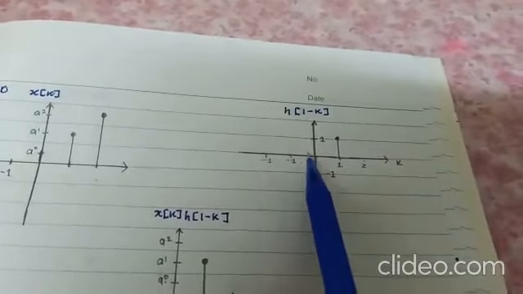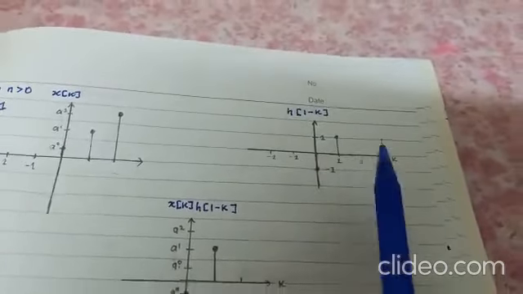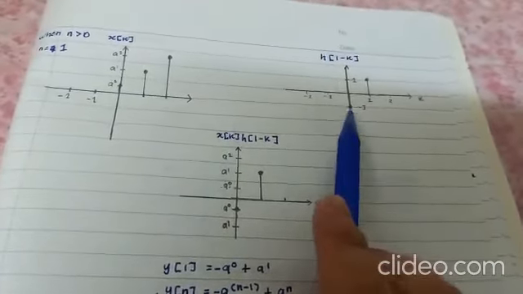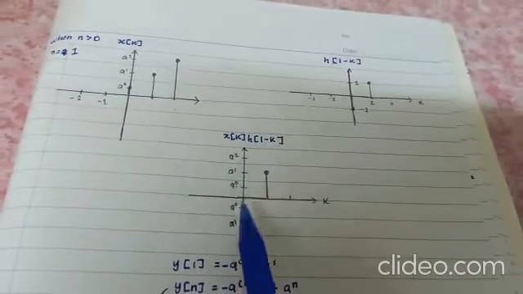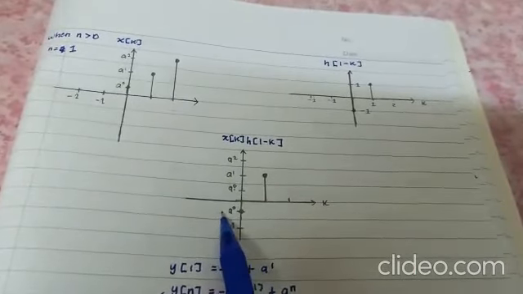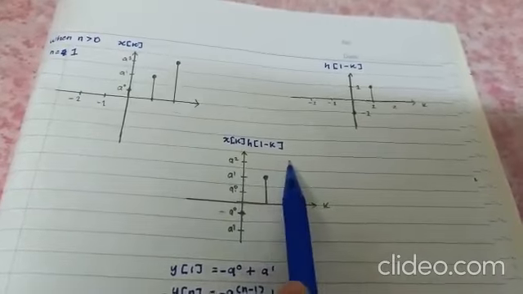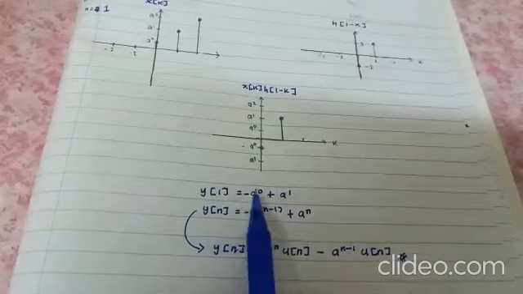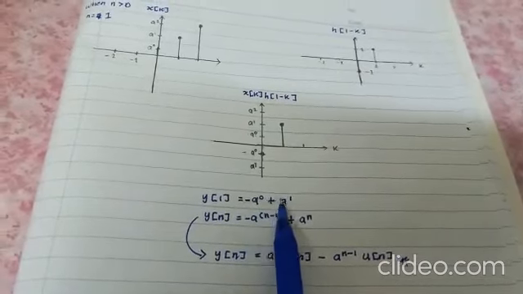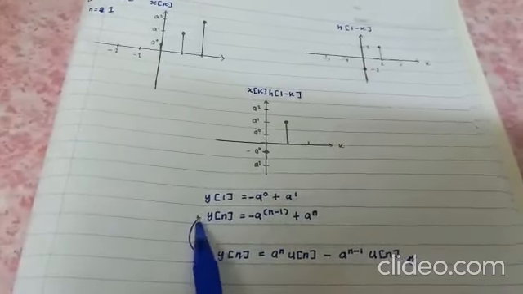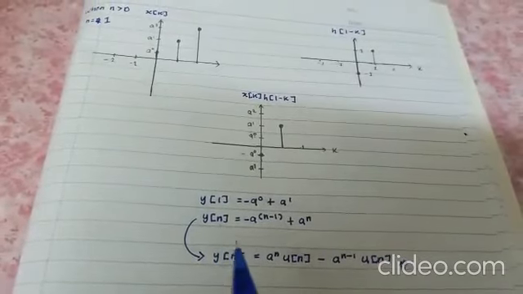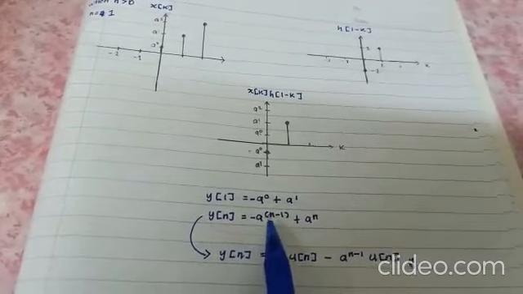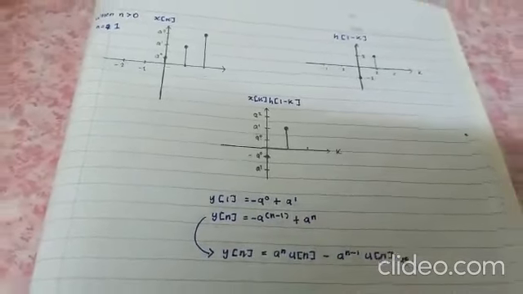The graph for h 1 minus k will be this, and when we multiply these two graphs, I will get negative a^0 and a^1. So y1 will be equal to negative a^0 plus a^1, which when we revise it becomes yn equal to negative a^(n-1) plus a^n.